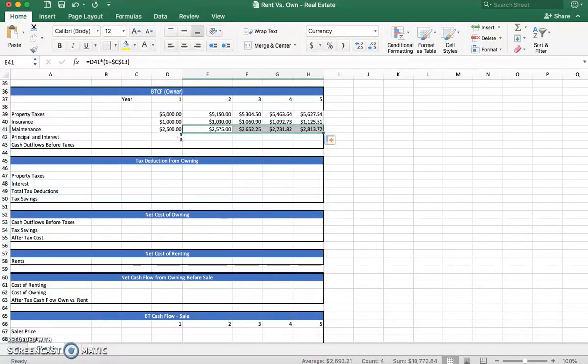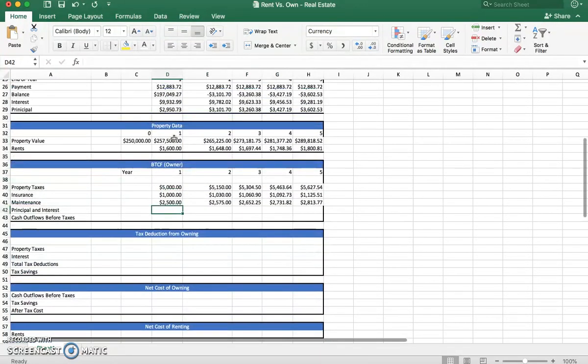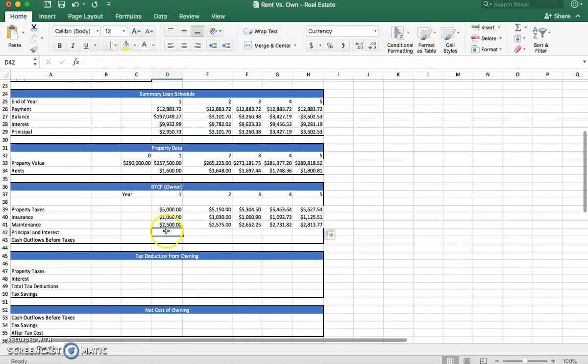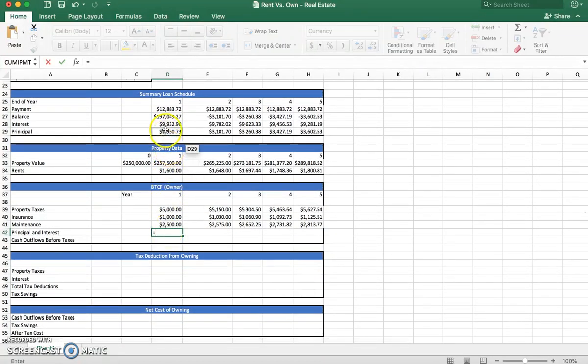All right. For the principal and interest, all we're going to do here is the interest plus the principal from the summary loan schedule from earlier. So here are these two quantities. We're just going to do equals this plus this. That number should be able to drag across.